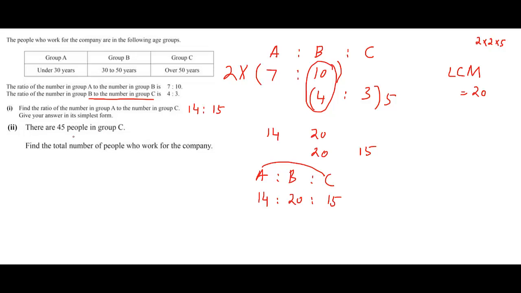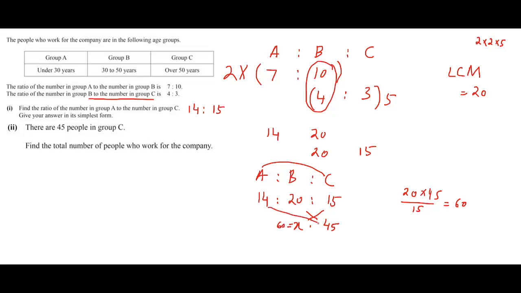There are 45 people in group C. So 45 people are here. Find the total number of people who work in the company. So let me call this X first. Doing cross multiplication, it will be 20 into 45 divided by 15, which is 60. So these are 60 people.